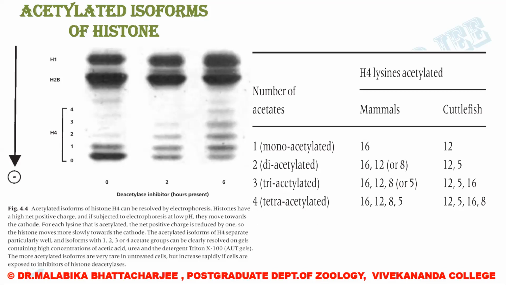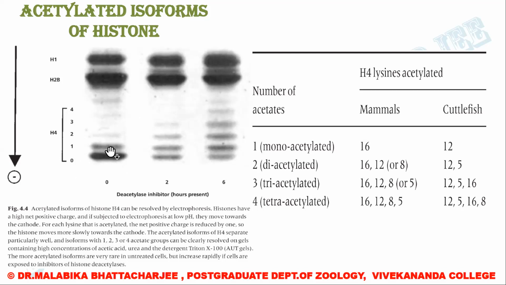So a tetraacetylated molecule tends to be more negative than the monoacetylated form. So when we resolve them in gel, you can see this is the histone 4, and this is the monoacetylated form, which is more positively charged as compared to the tetraacetylated form.